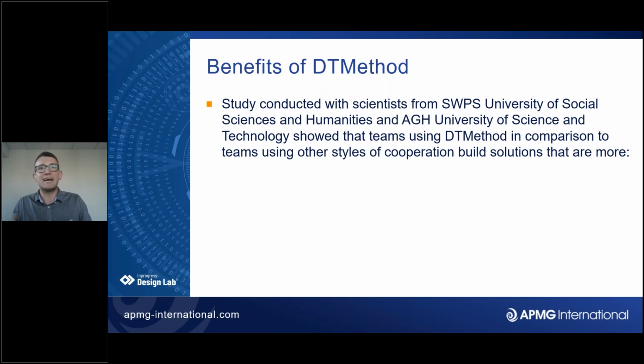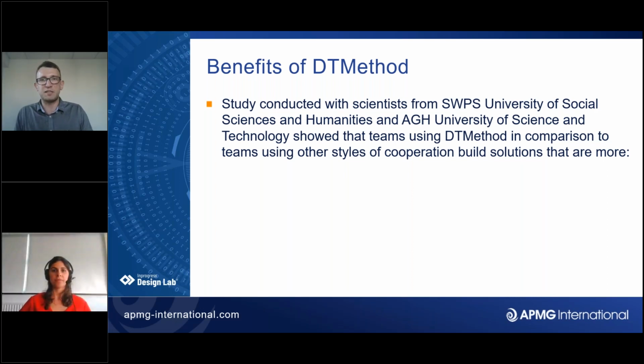The solutions developed by those teams were assessed by independent competent judges, and the results of this study show that the solutions created by the DT method teams were more applicable, which means they were more possible to develop. They were more useful, which means they helped to deal with the challenge more and better than teams which didn't use the DT method.